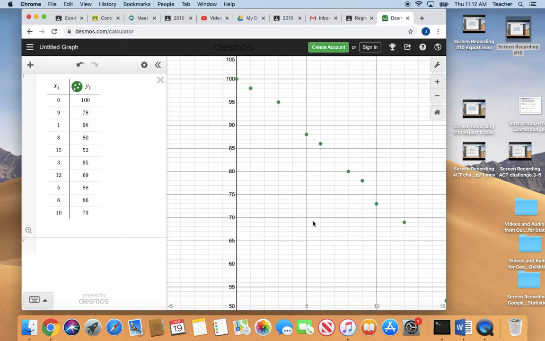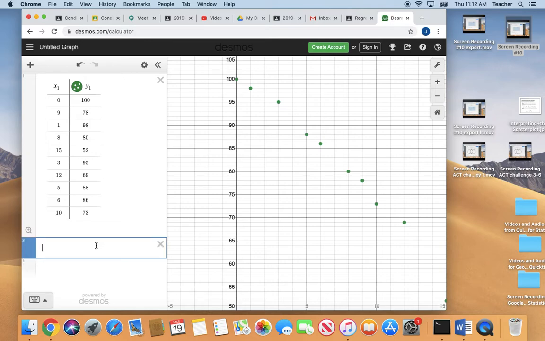If you look at this scatter plot, it looks like a line, so linear regression may be the best fit in that case. But if you remember, I gave you that reference sheet, so that should also help you. When you look at the scatter plot, if it looks curved, then a line may not be the best fit, and we'll have to check our correlation coefficients, or our R values, to see what model is actually the best fit.